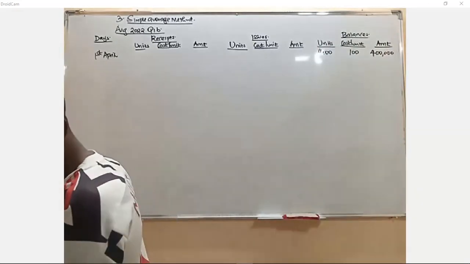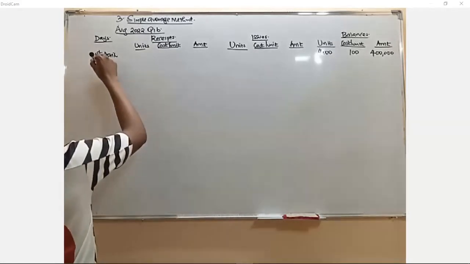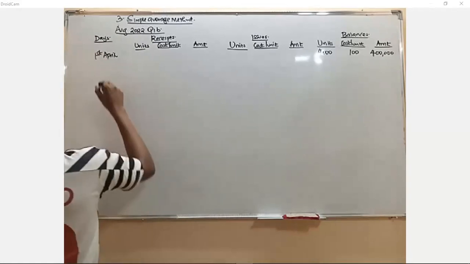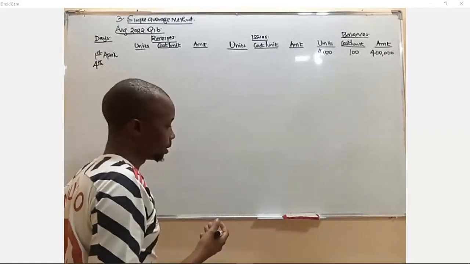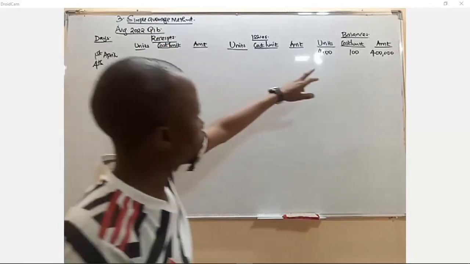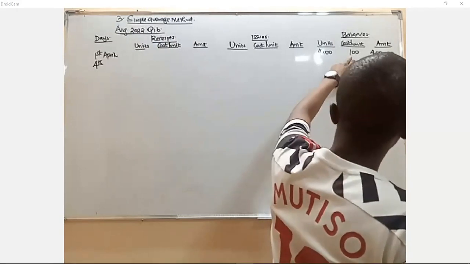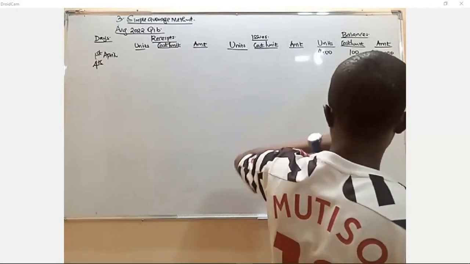Then when you go to the second activity, which was on the 4th, we were able to issue 3,000. And we said in the simple average method, the prices of commodities existing in the inventory, tunazi calculate averages.